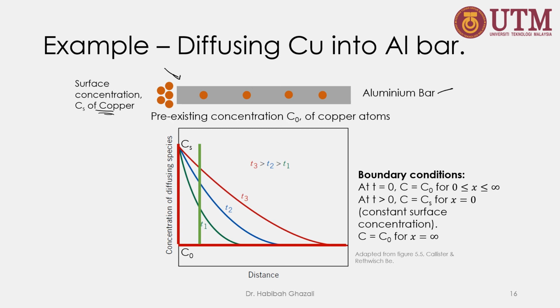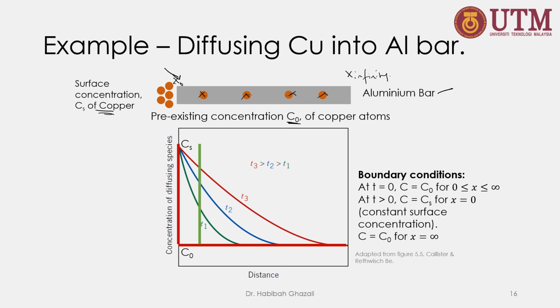So we assume there is a pre-existing concentration of copper atoms inside this bar. This bar has a length of x naught to x infinity. So this bar is very long, and it has a concentration of copper atoms inside it already. That is denoted as C0.